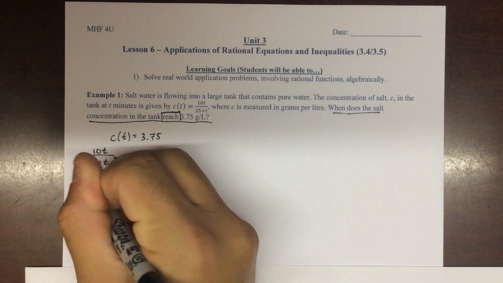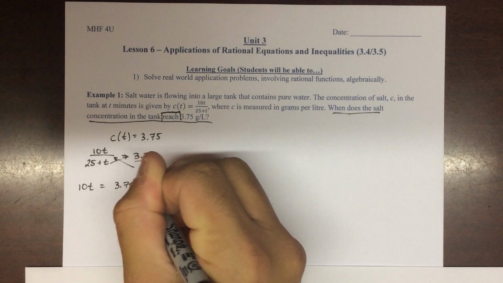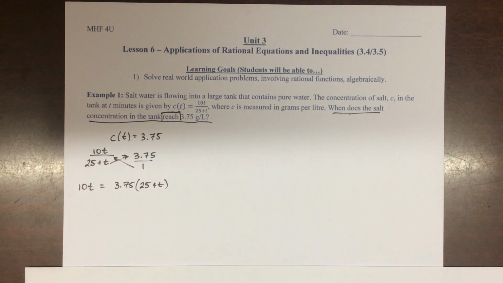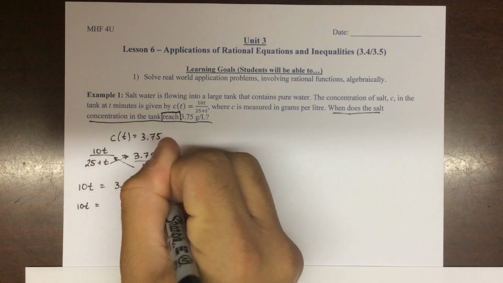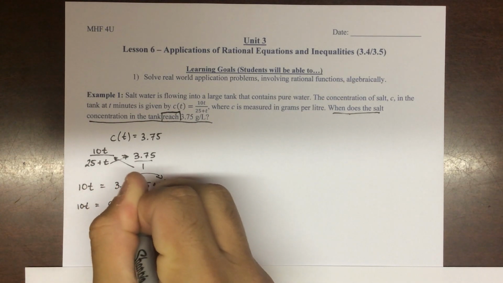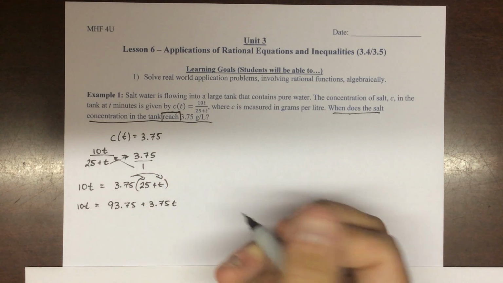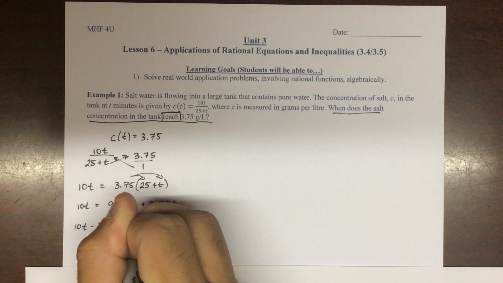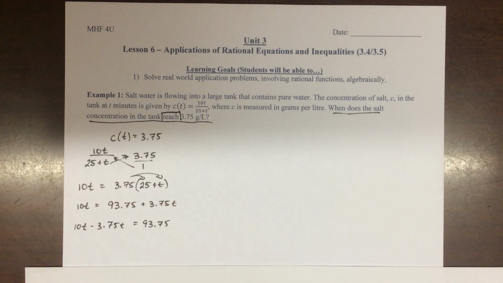I'm left with 10t equals 3.75 multiplied by 25 plus t. And I continue. 10t equals, with distribution on the right side, I'm left with 93.75 plus 3.75t. I collect my like terms: 10t minus 3.75t equals 93.75.